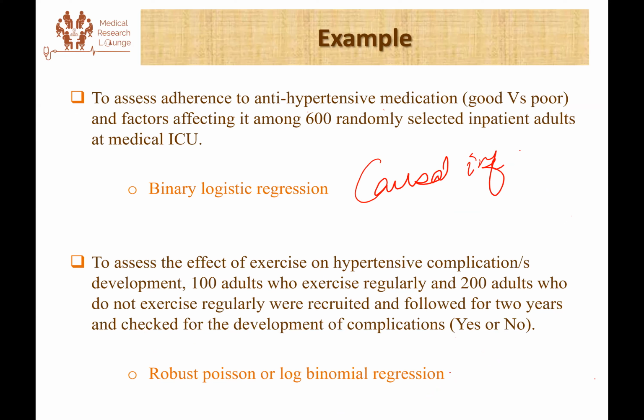Causal inference is a concept of running regression analysis on observational study data, so cohort observational data, so that the result we get is a very good approximation of the result that we could possibly get from an experimental study of the same nature. So the results from causal inference can be put as a cause and effect relationship because it's as good as an experimental study result.